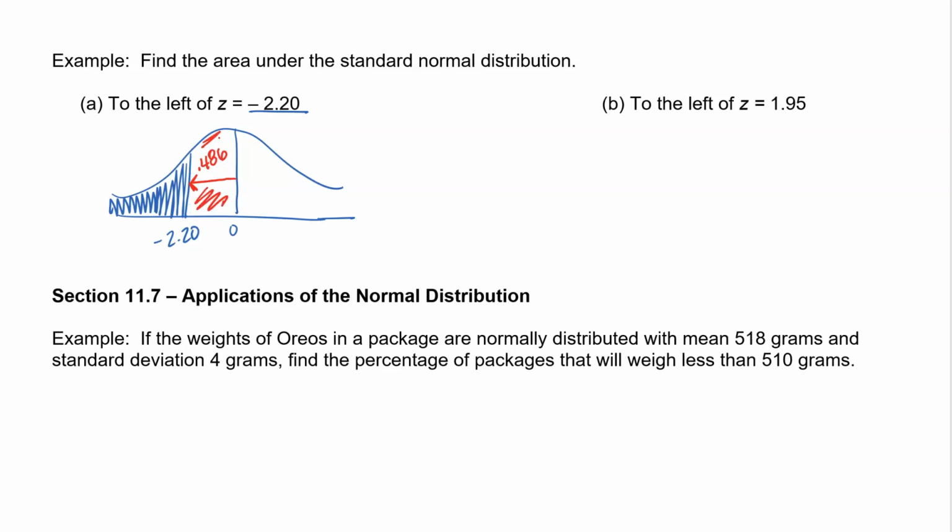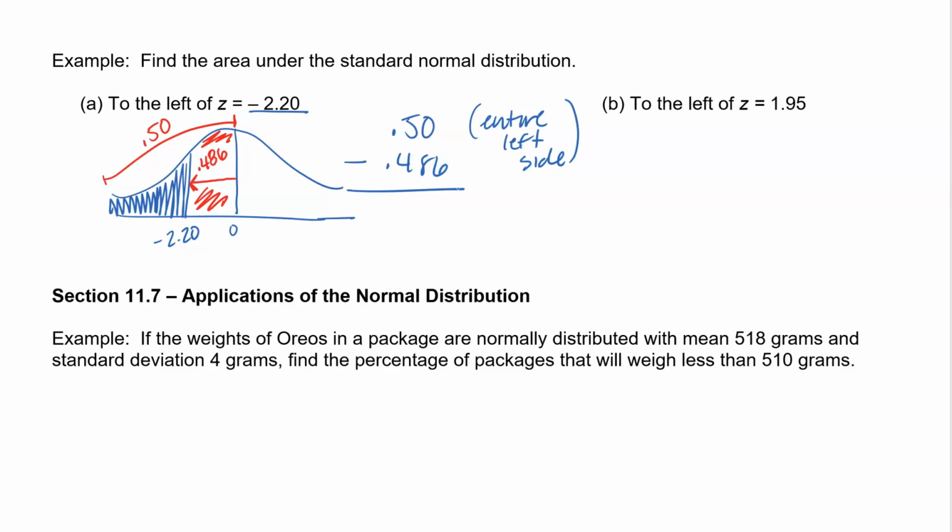So if this area is 0.486 and I know the entire left-hand side is 0.50 or 0.5, then in this case, I'm going to have to subtract. I'm going to take 0.50, which is the entire left side of the curve, and I'm going to subtract 0.486 because that's what I don't want. I want the blue area, not the red, and then I get 0.014, which is my answer.